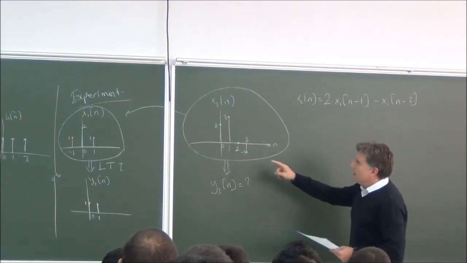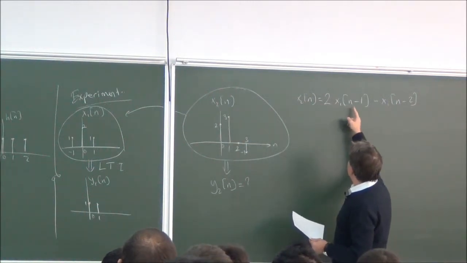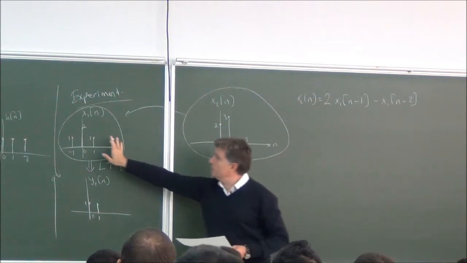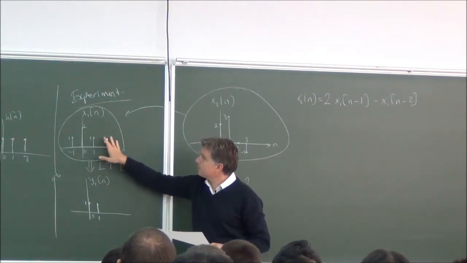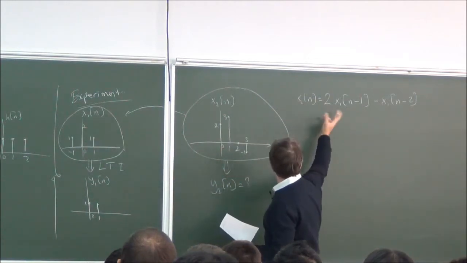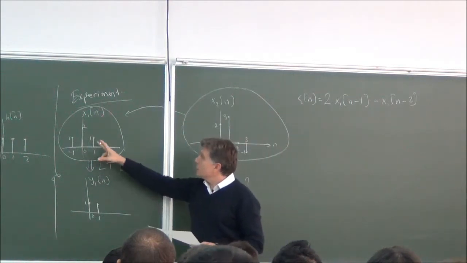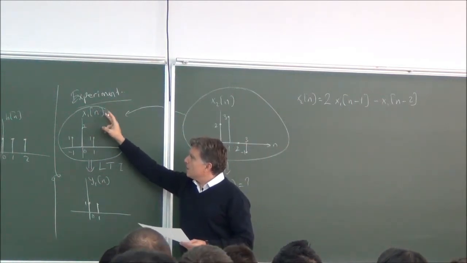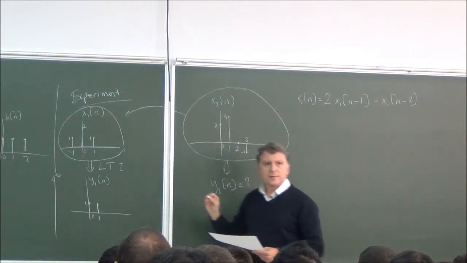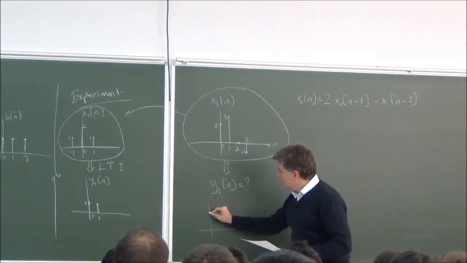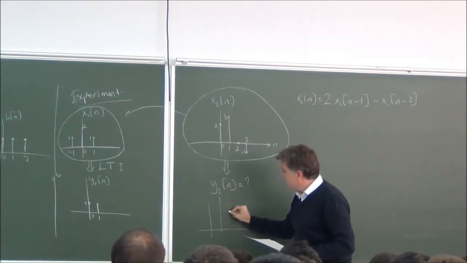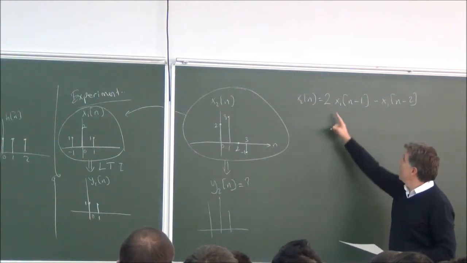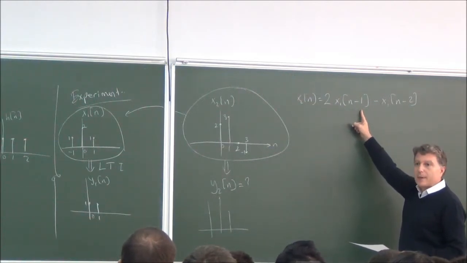What is that? x1 of n minus 1 is this signal shifted one to the right, scaled by 2 because it's 2x1 of n minus 1. So it makes 2, 4, 2, some signal like this. This is 2x1 of n minus 1.